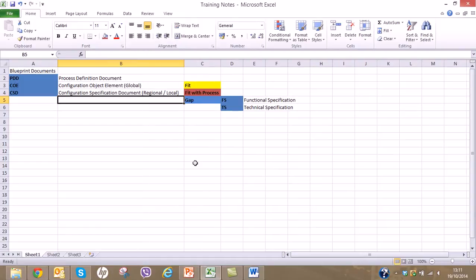So that will be a regional requirement, not a global requirement. Or if it is an American company, in America laws are different, and the same company is located in Europe where the laws are different. So global requirement is different, regional requirement is different. If the regional requirement is different, then you have to write CST. Otherwise, you don't need to write CST. COE is fine.